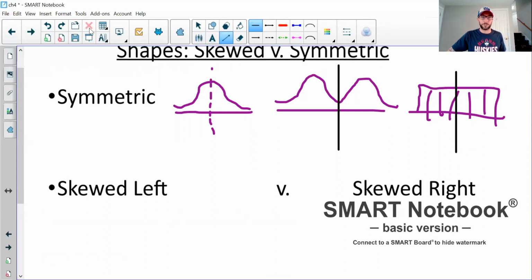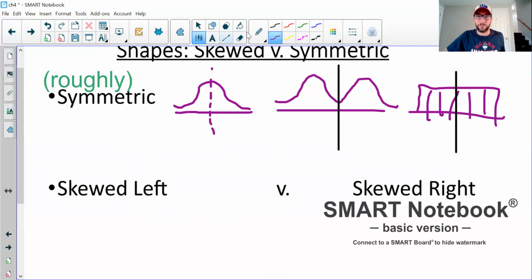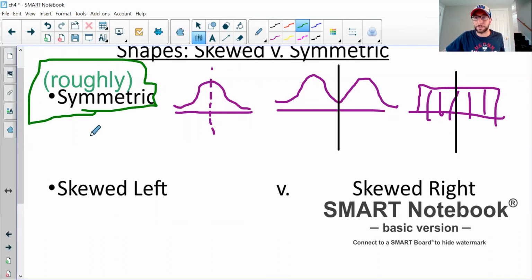That's also symmetric. So symmetric, we can draw a line down the middle and it's roughly the same on both sides. Again, I think we have a pretty good internal definition of what symmetry means. We saw the axis of symmetry in Algebra 2 and stuff. One thing I will say is that we're usually going to be saying roughly symmetric. There are very few data sets that turn out to be perfectly symmetric. So usually we're talking roughly symmetric.